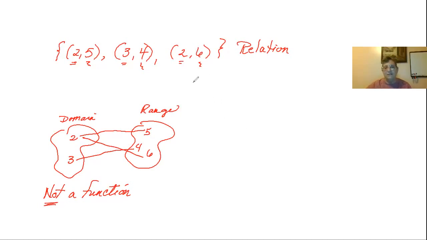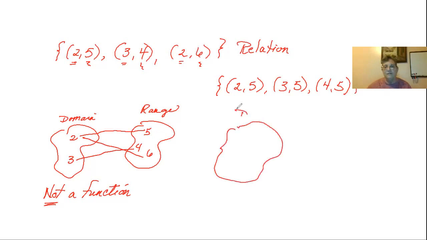Suppose we had a set consisting of (2, 5), (3, 5), and (4, 5). So the domain for this one consists of 2, 3, and 4. The range for this one consists of 5, just 5.